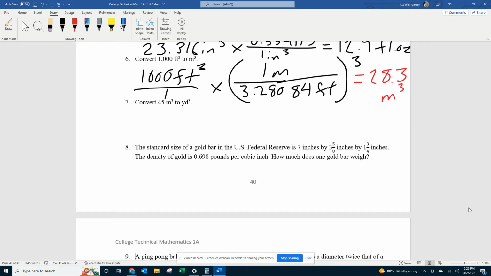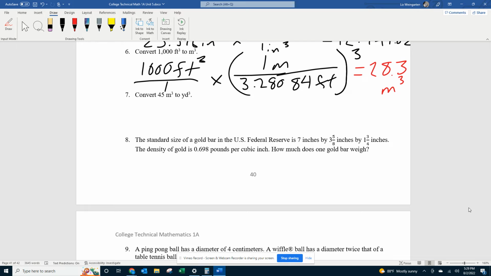Now we want to convert 45 meters cubed to yards cubed.